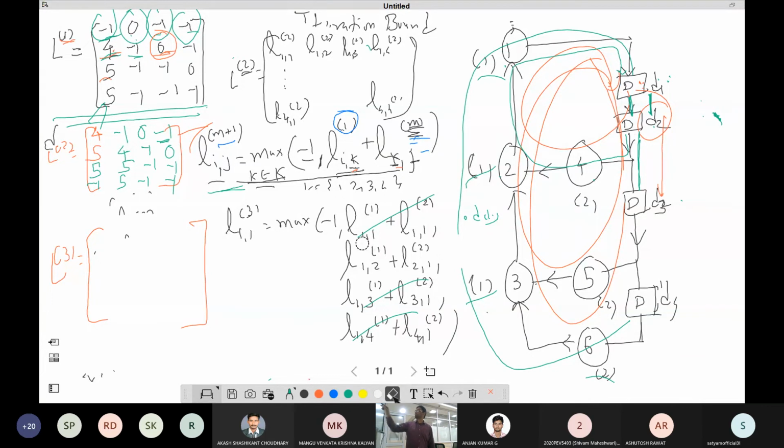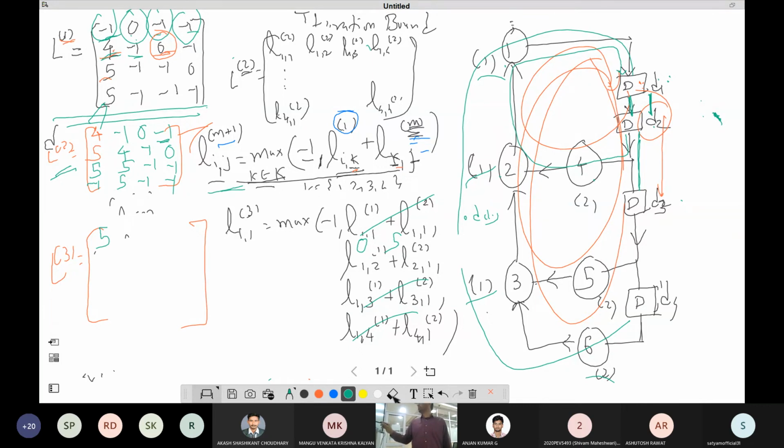This is 0. L21 is 5. L21 of 2, that means I need to look at this, 5. So it is 5. That means L11 has to be 5 over here. Okay? Similarly, find out L2.